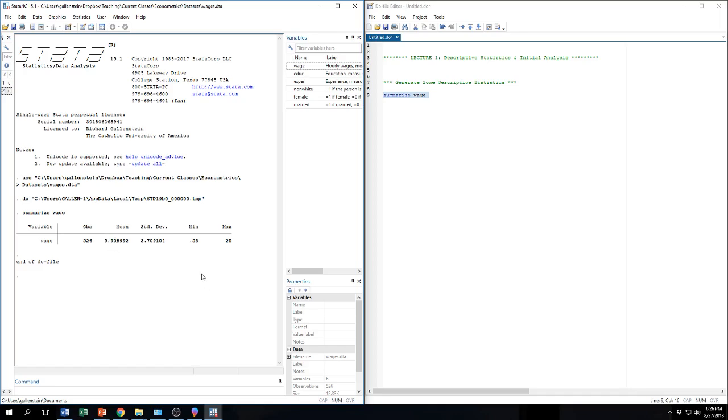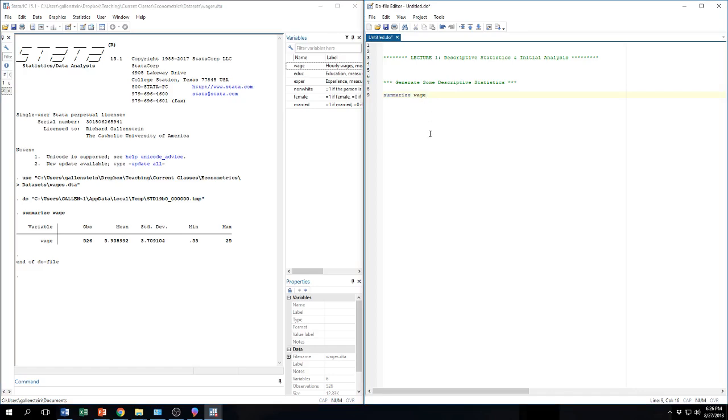The standard deviation is 3.7, which is how widely distributed the data is. The minimum value is 53 cents per hour, and the maximum is $25 per hour. Okay, that gives me an idea about my data. This can be really helpful.